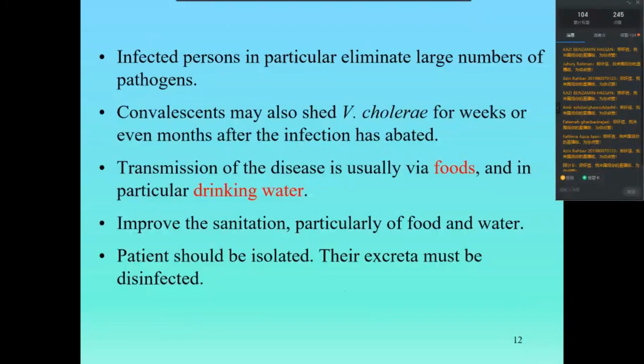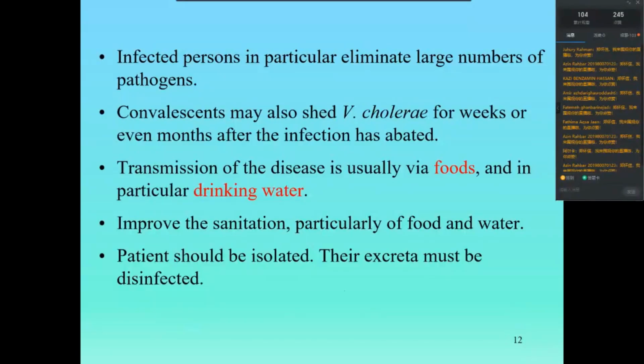This is usually a problem in developing countries, because the sanitation condition is not good enough, and sometimes people don't like to drink boiled water, either due to lack of fuel or lifestyle, they just drink the raw water. That is a major problem, because the raw water might be contaminated by Vibrio cholerae.